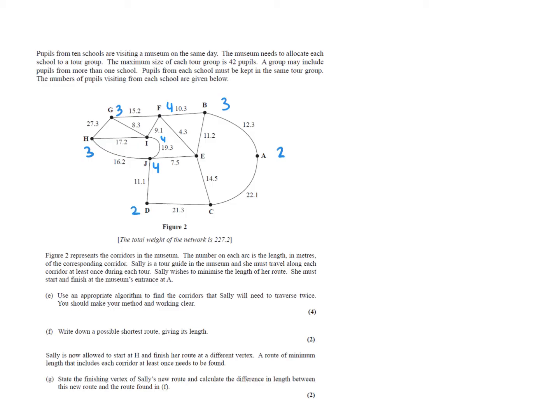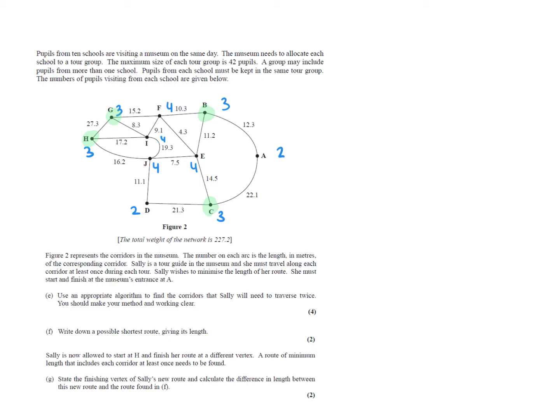The only annoying thing about this question is that it is in decimals. If you ever have an odd number of odd nodes, you are completely incorrect because we cannot draw a graph like that. It's physically impossible. So the odd nodes are H, G, B, C.